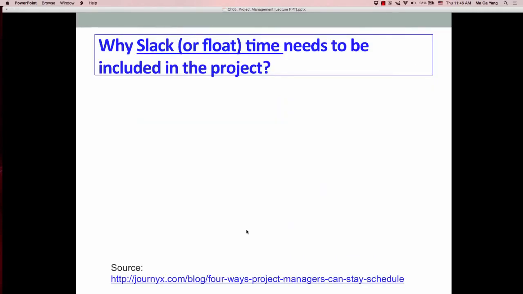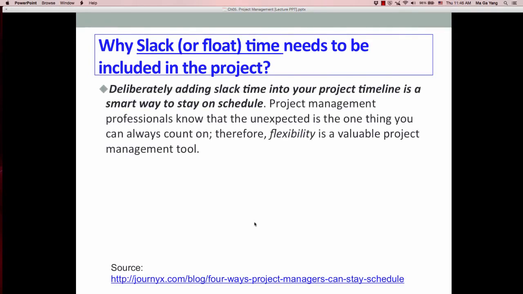So why does slack or float time need to be included in the project? Deliberately adding slack time into your project timeline is a smart way to stay on schedule. You can read this article posted on the D2L website that will show you why smart project managers include slack in the project.